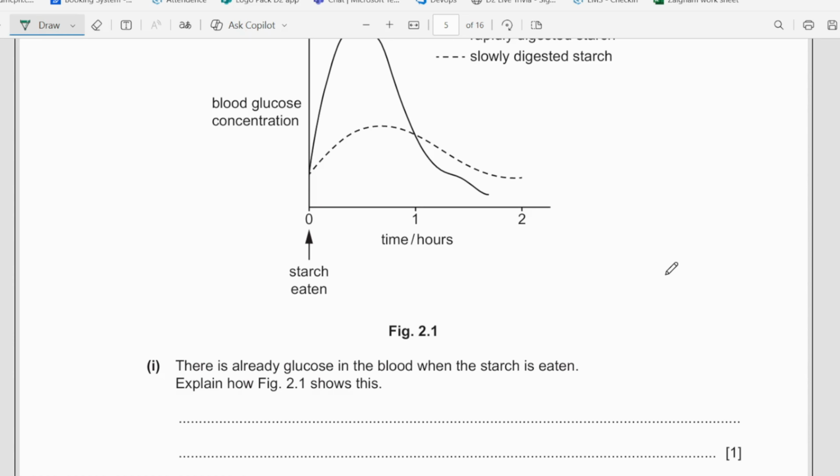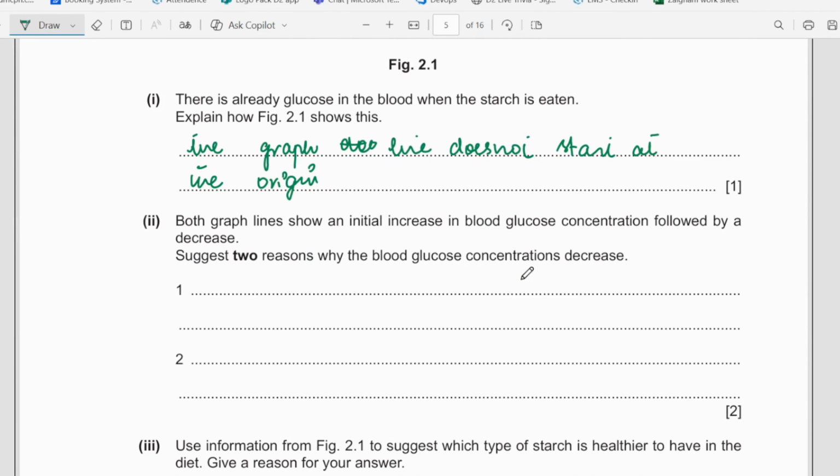So the graph does not start at the origin. Both graphs show an initial increase in blood glucose concentration followed by a decrease.